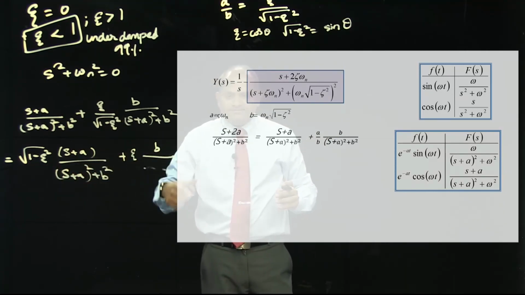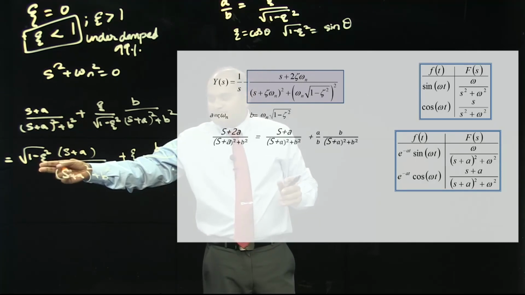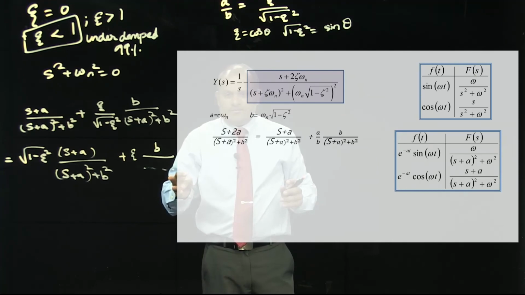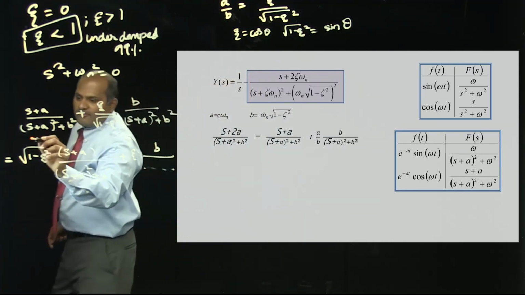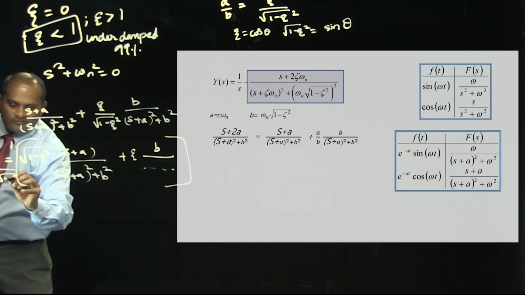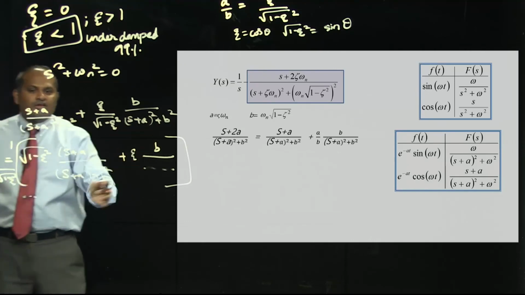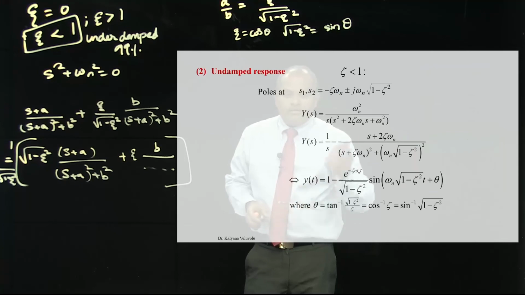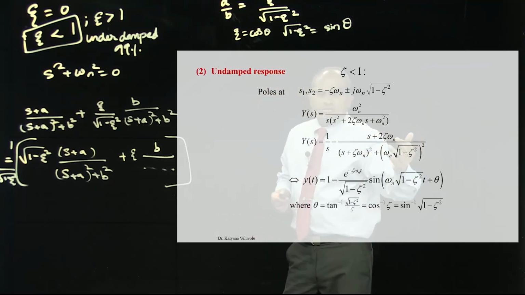If you combine, this becomes sine cos plus cos sine, and then here I have 1 by root of 1 minus eta square. You can use this expression very similarly and transform it. Finally, you get y of t is equal to 1 minus e power minus eta omega n t by root of 1 minus eta square sin of omega n into root of 1 minus eta square t plus theta.